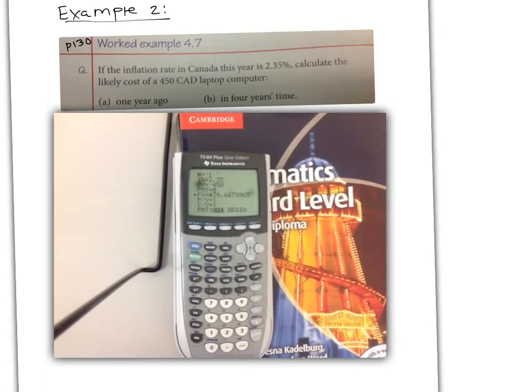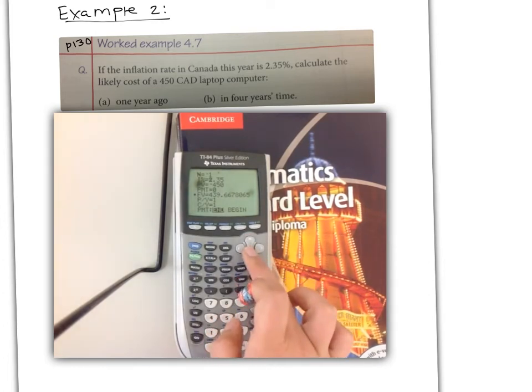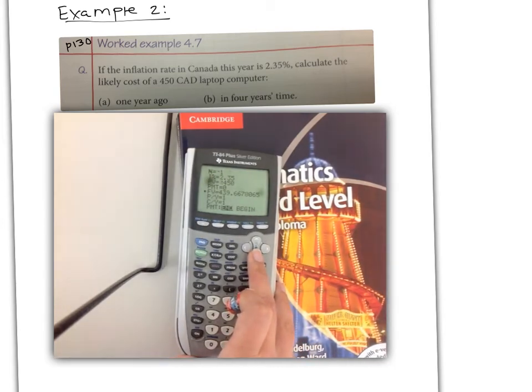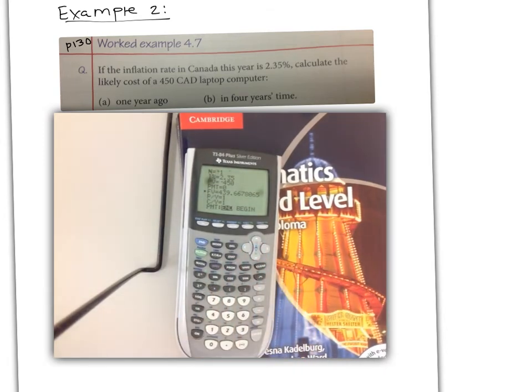Okay, so I'm going to enter what I know. The percent is 2.35. My present value is 450 Canadian dollars, entered as a negative. Future value is what we're solving for. And if it's 1 year ago, I'm going to enter -1, 1 year before where we are now.